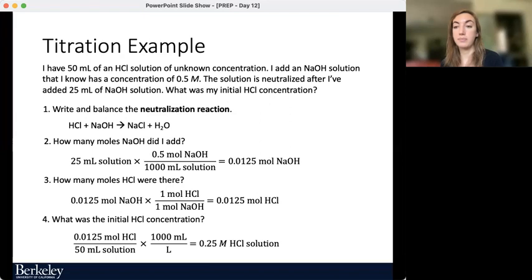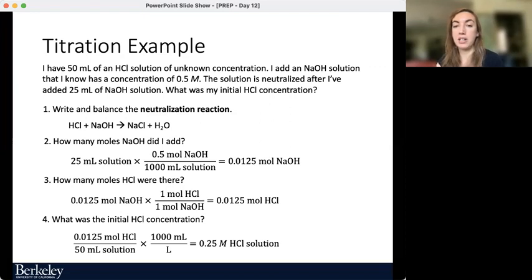Wait, I have a question on step 2. Where did you get 0.5 mole of NaOH? So I knew my initial concentration of my NaOH solution. It was at 0.5 molar. And 0.5 molar means 0.5 moles per liter. That's the definition of molarity.